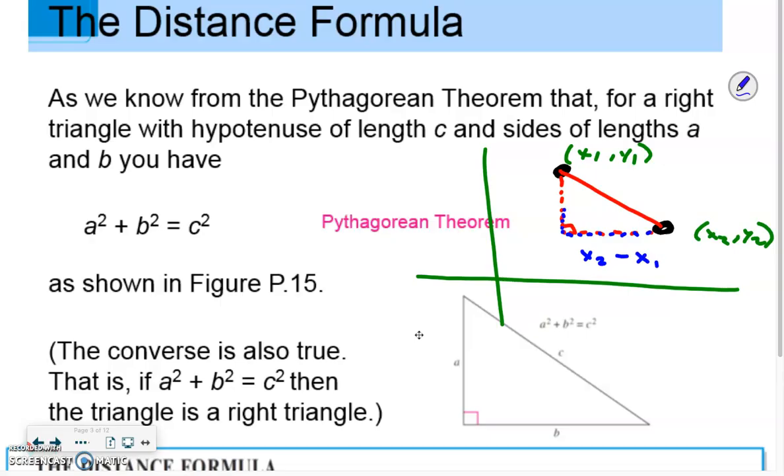If I wanted to figure out this vertical distance, all that we would do is take the y2 value and subtract the y1 value. Obviously, that's going to give us a negative answer, but we're going to square it and then square root it anyway to get rid of that. Does that make sense? Are these values starting to look familiar as far as the distance formula? That's all that it is.